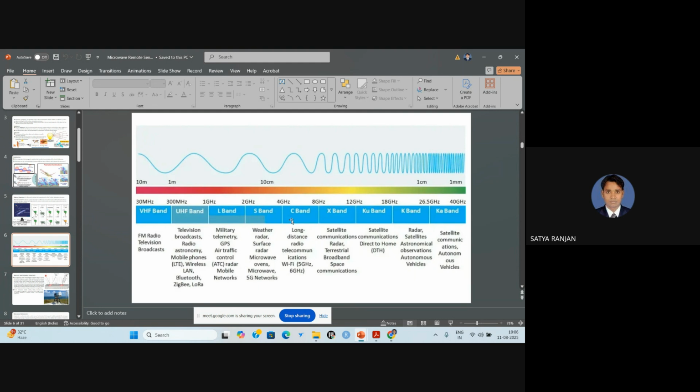C band is for long distance radio telecommunications. X band is for satellite communication and radar. Ku band is also satellite communications. K band is radar satellite, and Ka band. So different bands have different applications based on their wavelengths. The wavelength of these microwave remote sensing sensors is from 1 mm to 10 meters.